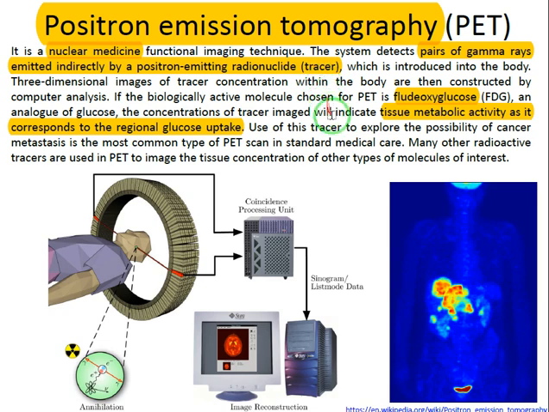But here in this imaging technique, the radioactive materials, the radionuclides, are used as the tracers, because when we introduce them into the body, they will emit two gamma photons, as you see here, one gamma photon here and one gamma photon here.